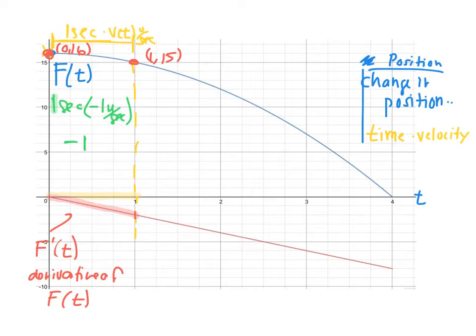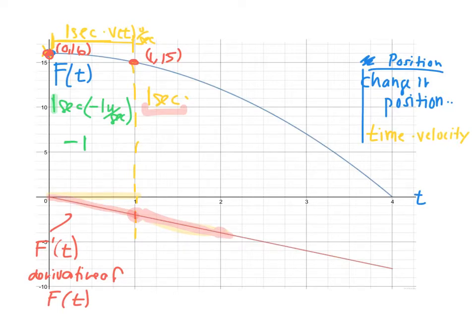So I could keep doing that over and over and over again, right? So here I could take another 1 second, and I could multiply it by whatever the speed I was traveling on that interval. So again, what we see is that speed wasn't constant. So for 1 second, how fast was I going? Well, I started going at a velocity of -2, and at the end of that, I was at a velocity of -4.